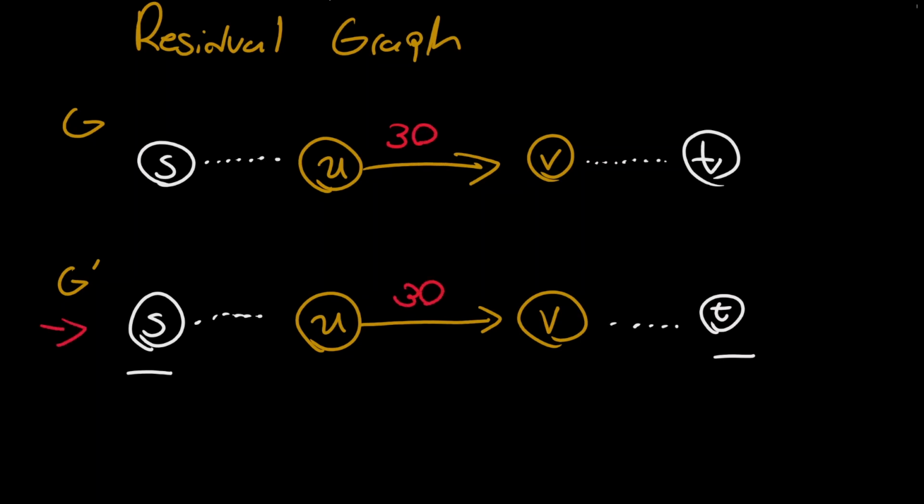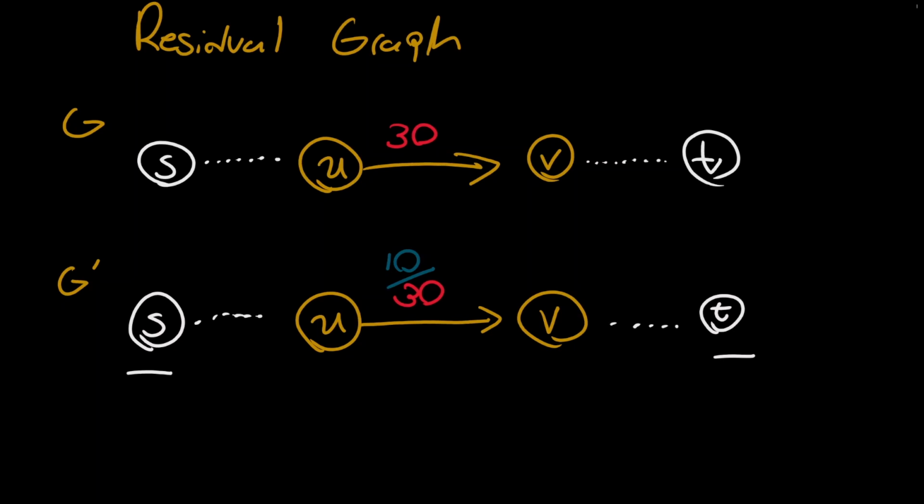And in the residual graph, the weights are reflecting how much flow has been used, how many units that we can use. So say we find a path from S to T on this bottom residual graph. Say we find some flow, some path, and along this path we ended up pumping 10 units of flow. So what is this going to look like?